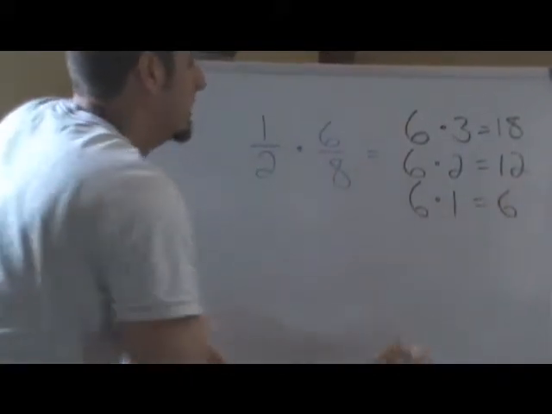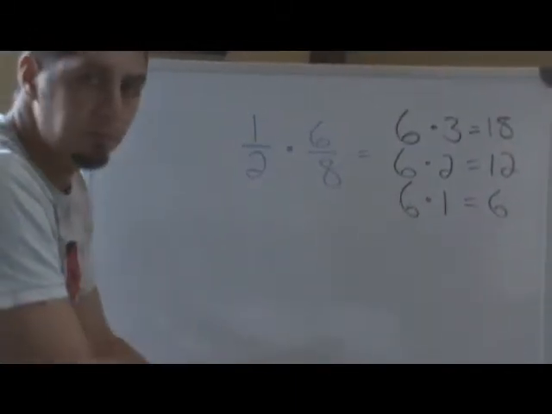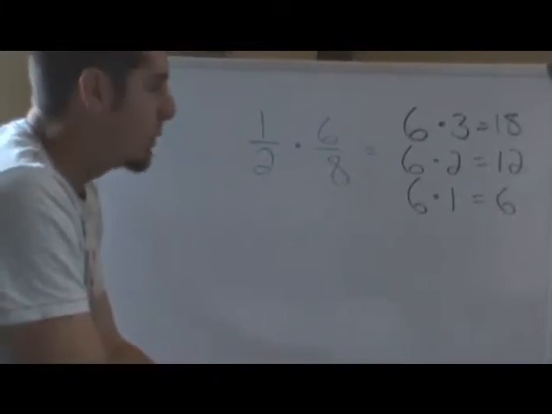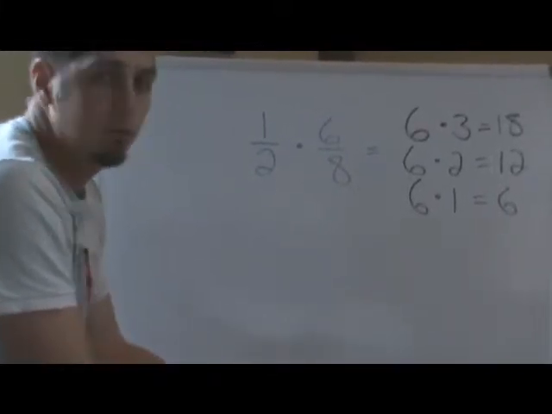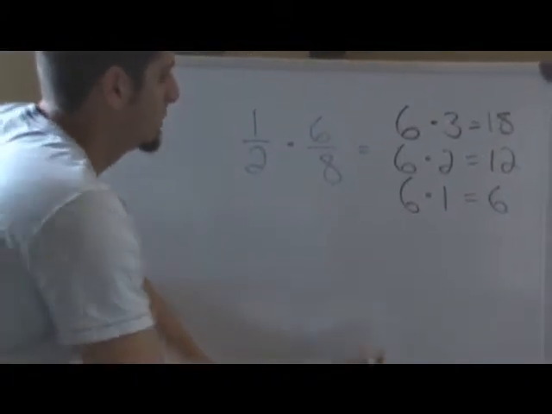So I get 6. Now at this point, if I go lower than 1, I'm going to be multiplying 6 by either a fraction or a negative number. I'm going to use fractions, since we're talking about fractions today, and show you how that works.